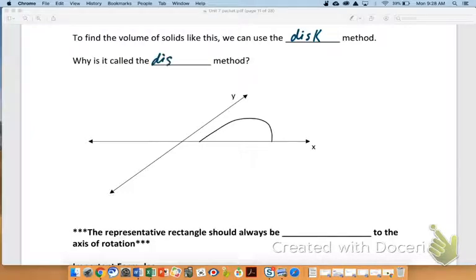Why is it called that? I would like to show you using a very similar looking graph. Okay, so what I've drawn in there is a representative rectangle, and this is really similar to what we did with area.